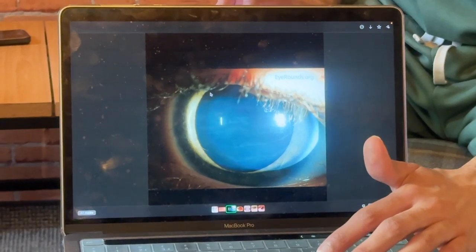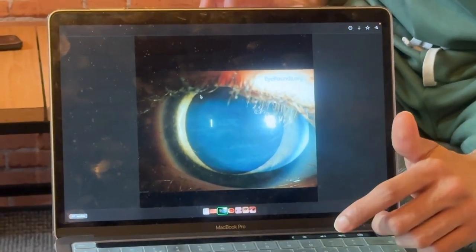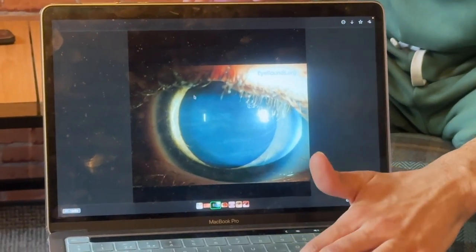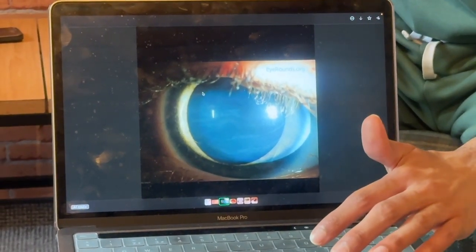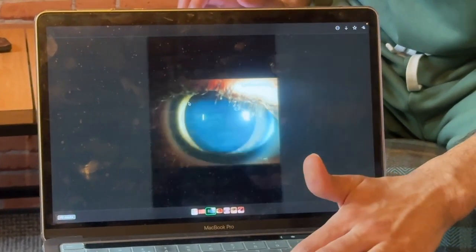We can also measure the corneal diameter and find that it's more than 12 millimeters, which again is abnormal for this age. Again, the intraocular pressure will be elevated, and that's confirmed via tonometry under anesthesia.